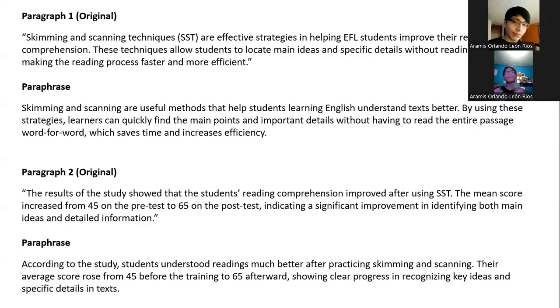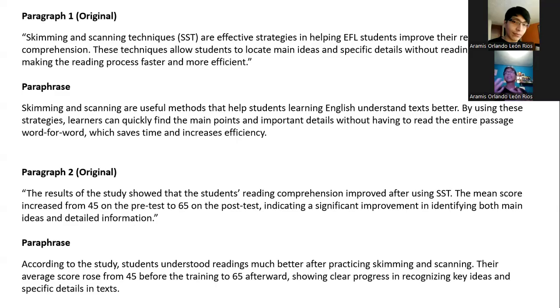Paragraph 2: The results of the study showed that the students' reading comprehension improved after using skimming and scanning. The mean score increased from 45 on the pre-test to 65 on the post-test, indicating a significant improvement in identifying both main ideas and detailed information.